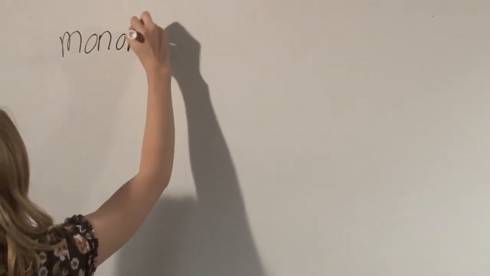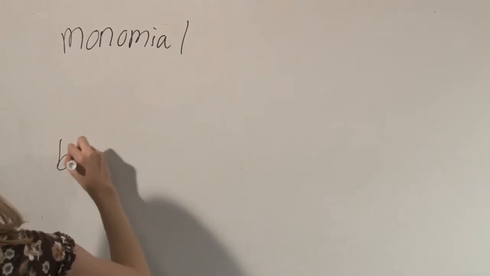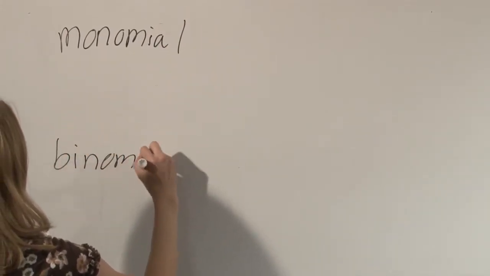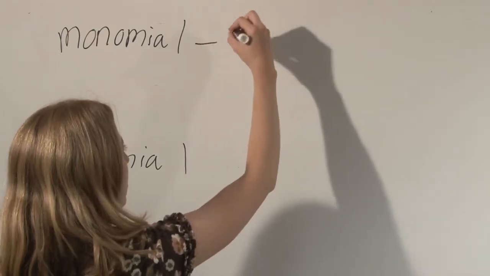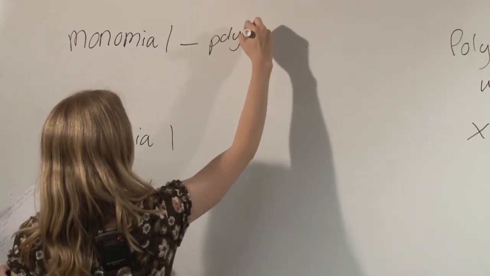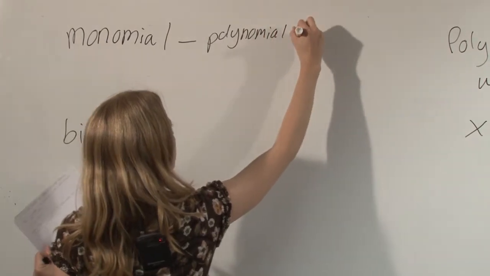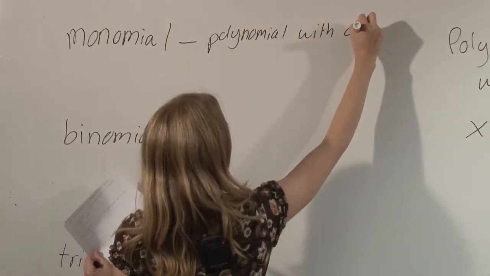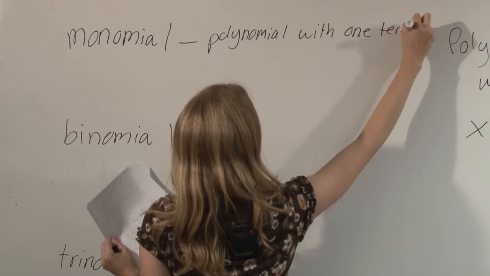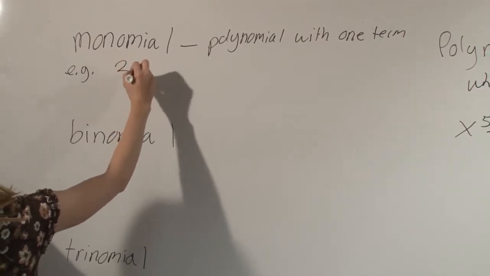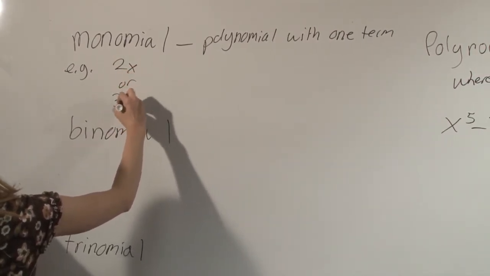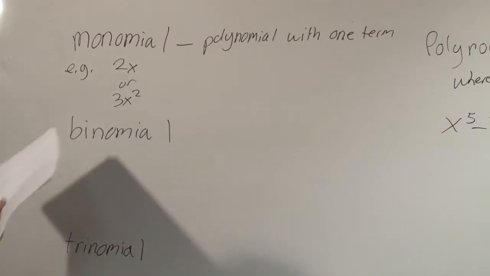Some other terms you'll see in this section are monomial, binomial, and trinomial. A monomial has one term, like 2x or 3x squared.